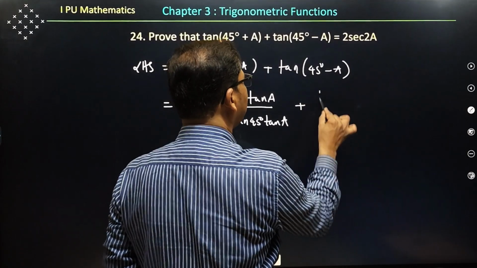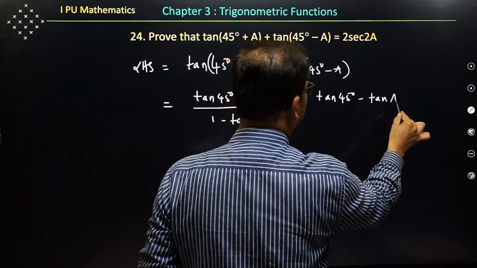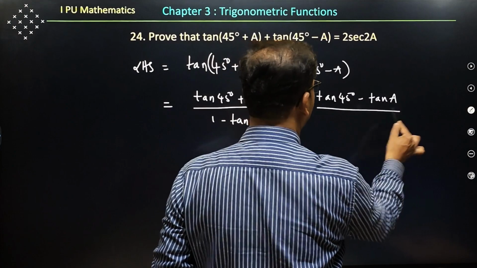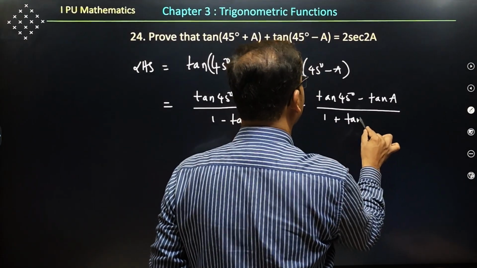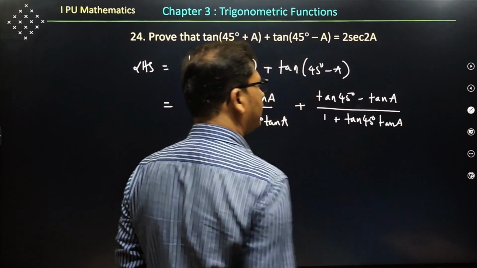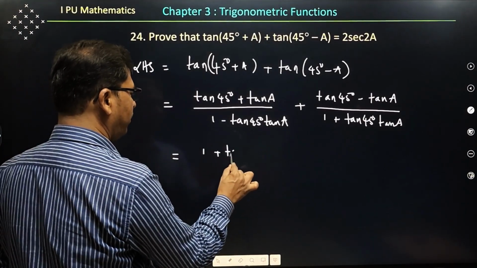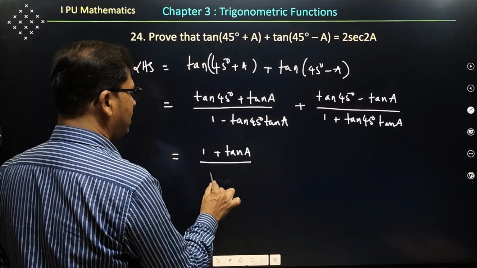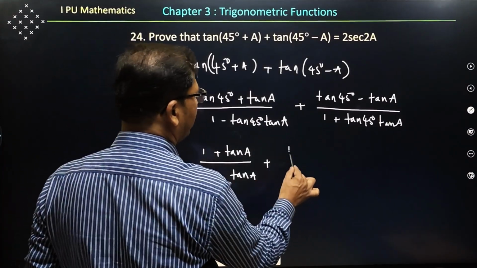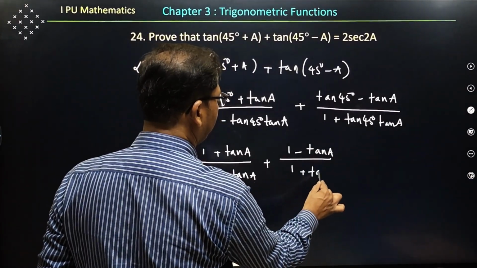Same formula again, but for tan A minus tan B: tan A minus tan B divided by 1 plus tan A into tan B. In this case it is not minus. 1 plus tan 45 into tan A. Let us simplify this. This is 1 plus tan A, and this is 1 minus tan A, because tan 45 degree value is 1. And then this is 1 minus tan A divided by 1 plus tan A.